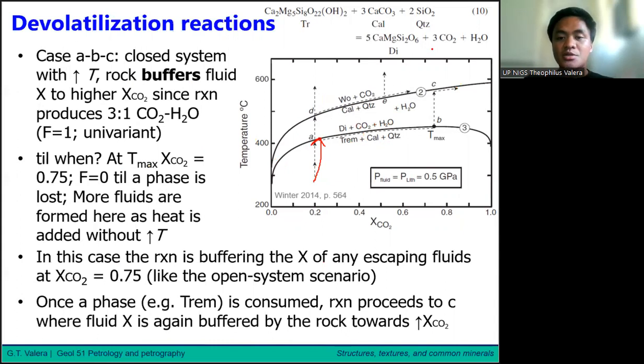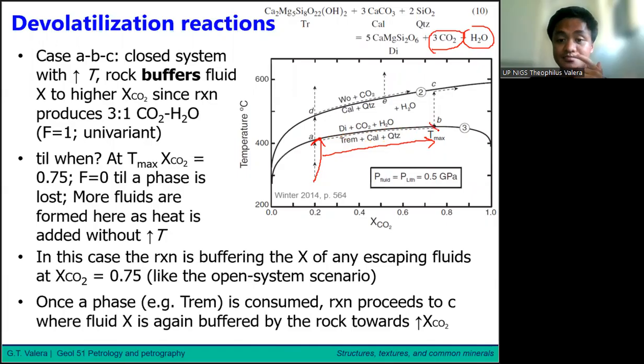By how much? 3 parts carbon dioxide, 1 part water. Okay? So this reaction produces 3 more times carbon dioxide than water. So it produces both, pero it produces more carbon dioxide and therefore pushes the composition of the fluid towards 75% carbon dioxide, 25% water.